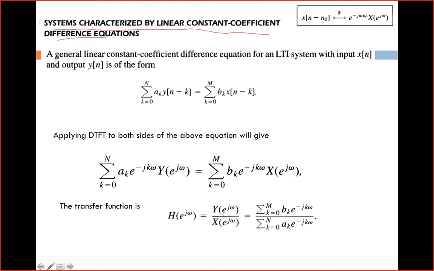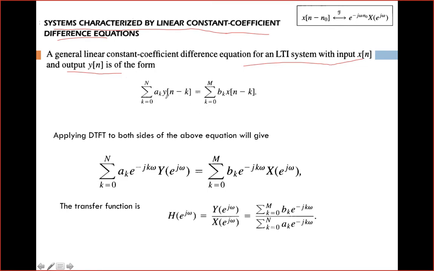A general linear constant coefficient difference equation of a linear time invariant system with input x of n and output y of n is in the form of summation k equal to 0 to N a suffix k y of n minus k is equal to summation k equal to 0 to M b suffix k into x of n minus k. If possible, maybe tomorrow, I will compare differential equation and difference equation in the next class.